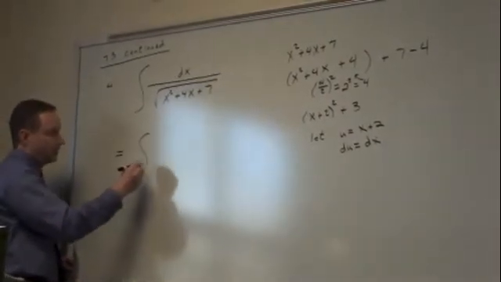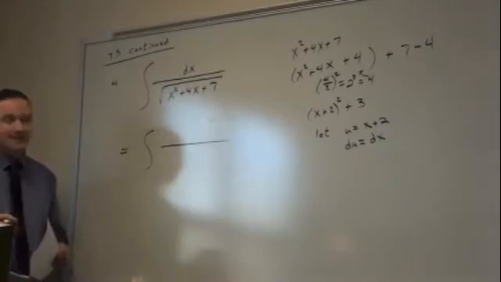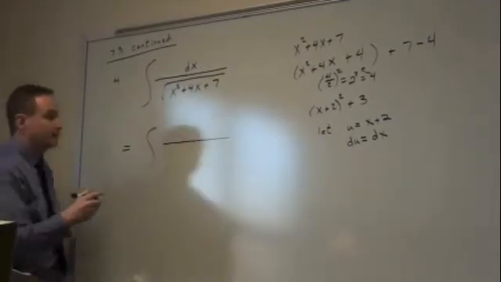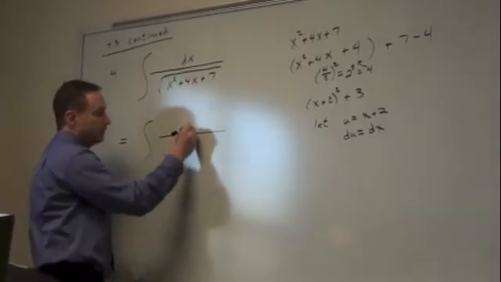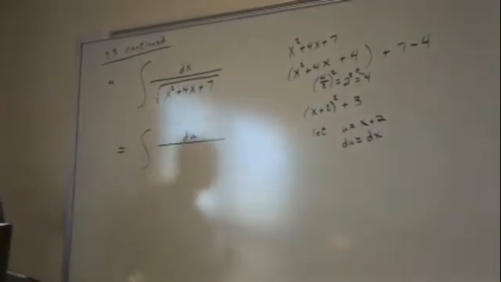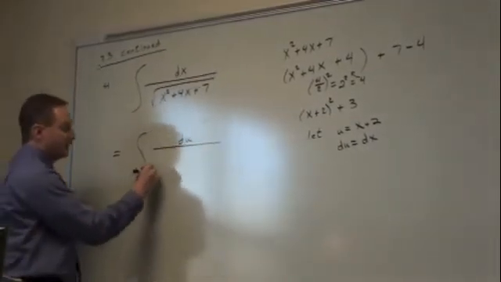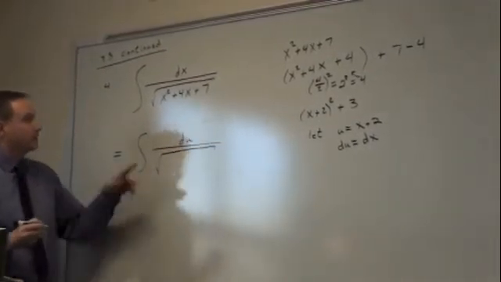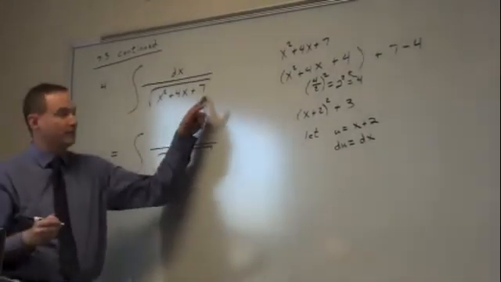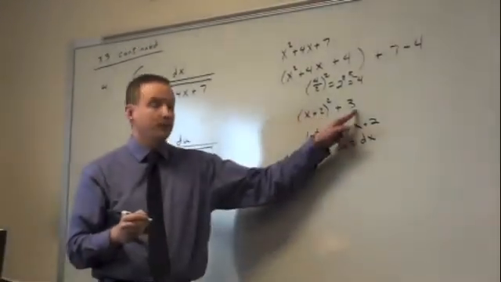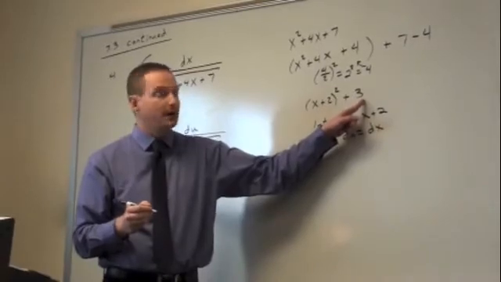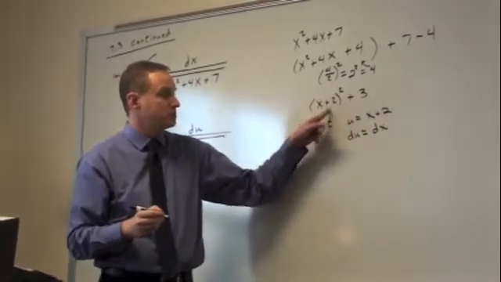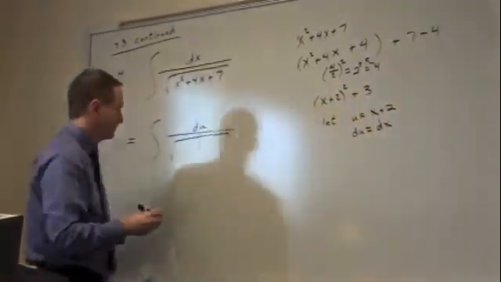This is the integral of, my numerator dx is now du. We can do that. My denominator, I know that this group x squared plus 4x plus 7 could be rewritten as this. And now with the u substitution, it's just u squared plus 3.